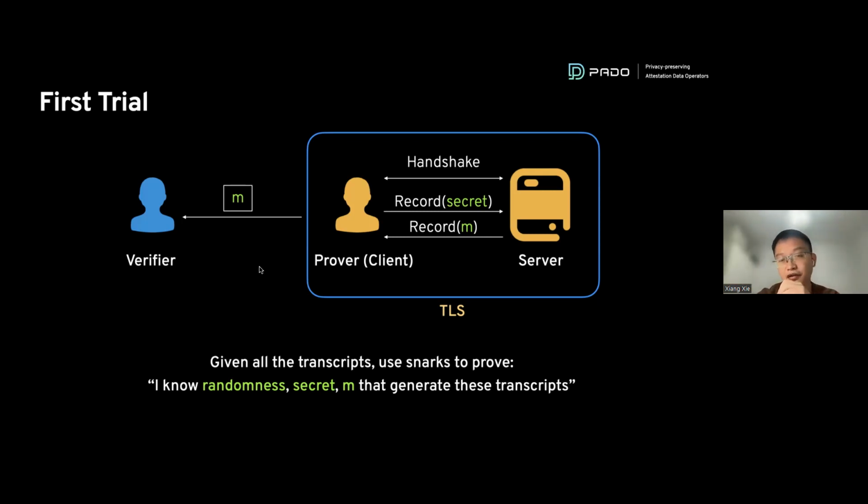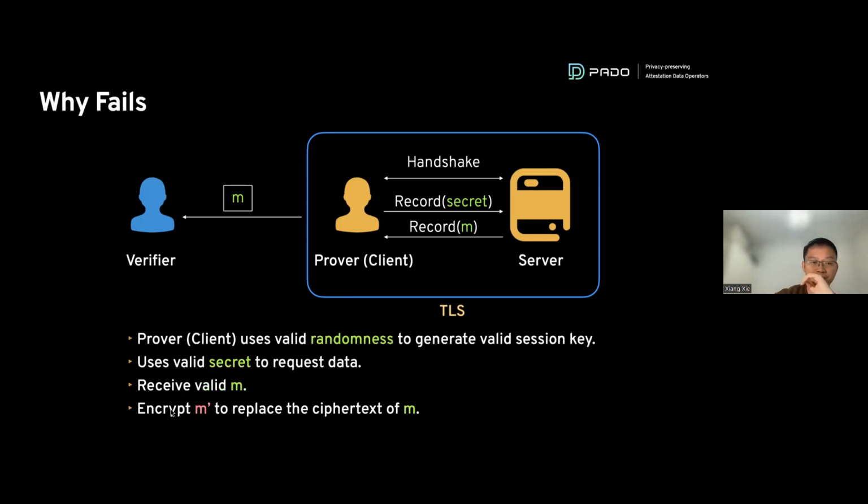So yeah, it's very simple in general, but unfortunately, this solution does not work. There is a very simple attack. The prover runs the TLS protocol normally, and everything is correct and valid, but when the prover generates the proof, he replaces the valid ciphertext of M with another ciphertext of M prime.